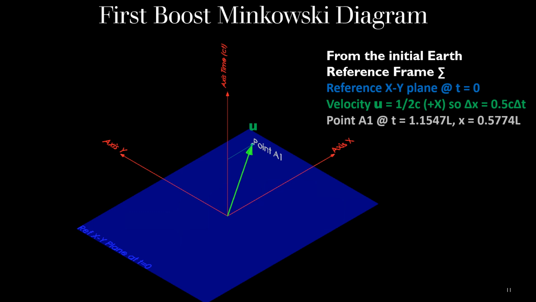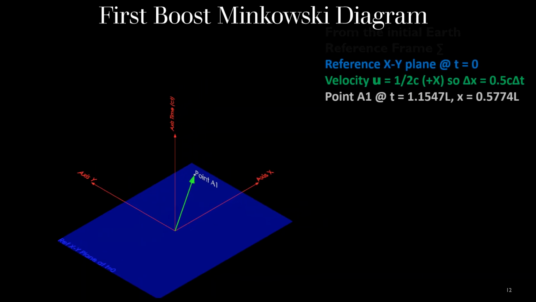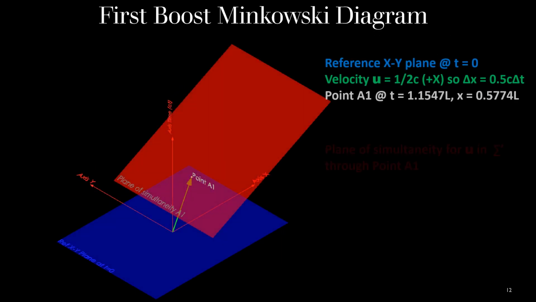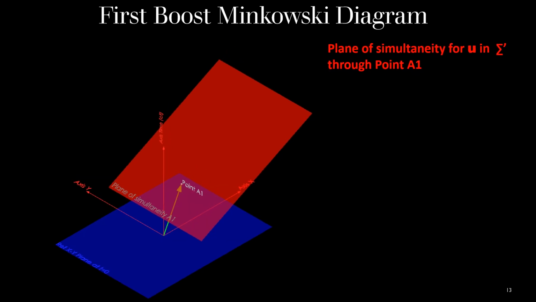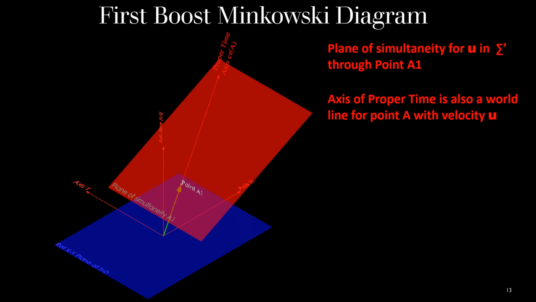The factor L allows us to scale the magnitude to the size of our rockets. A plane through A1 shown is simultaneous to observers at rest with rocket A in sigma prime. The axis of proper time shown is also a world line for the thruster end of rocket A.